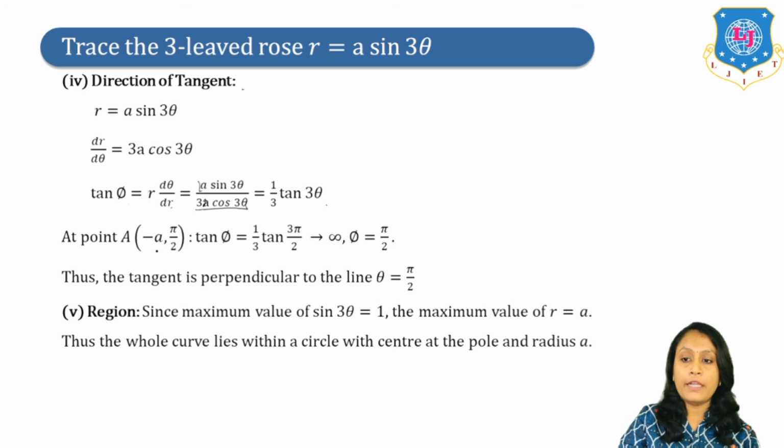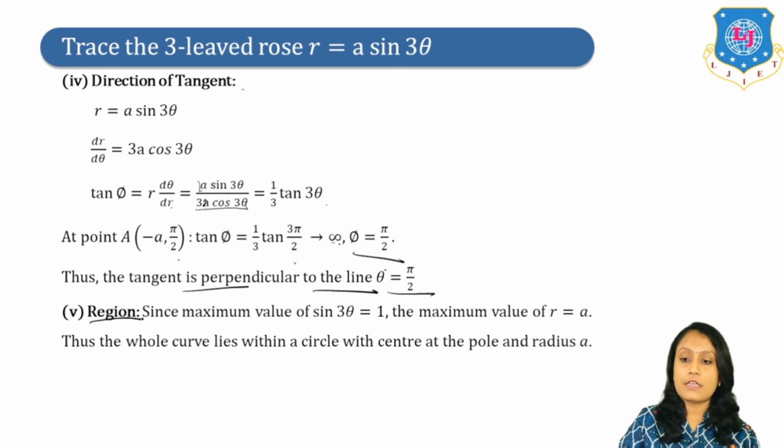Now the point of intersection is (minus a, pi by 2). At this particular point tan phi will be 1 upon 3 tan 3 pi by 2. Now tan 3 pi by 2 tends to infinity, so the answer of phi is pi by 2, right? So thus the tangent is perpendicular to the line theta is equal to pi by 2.